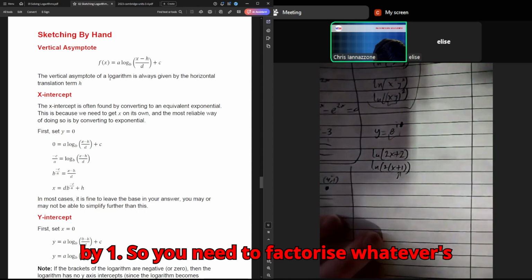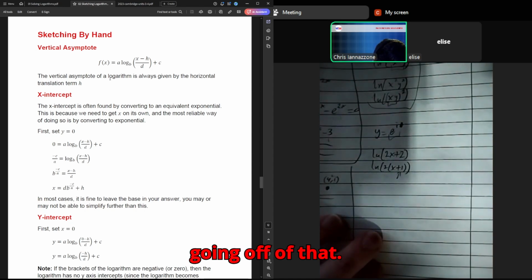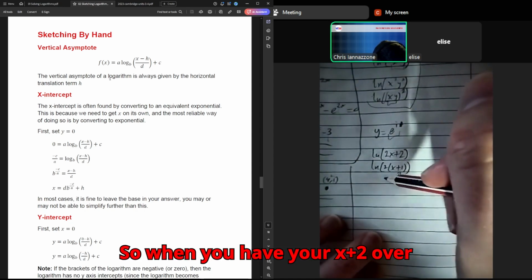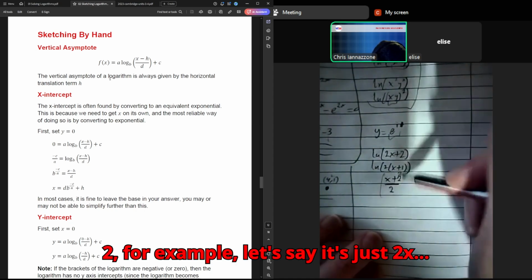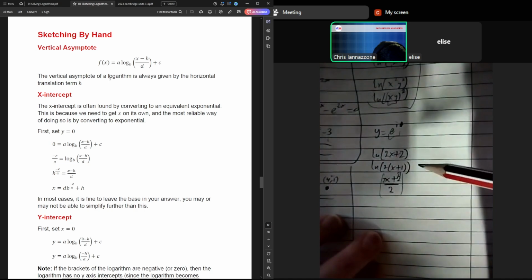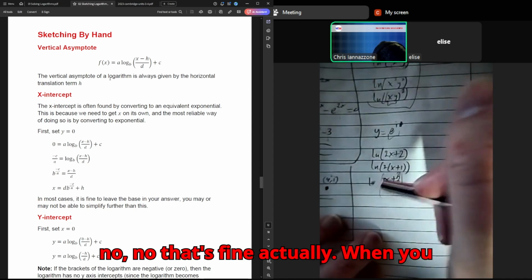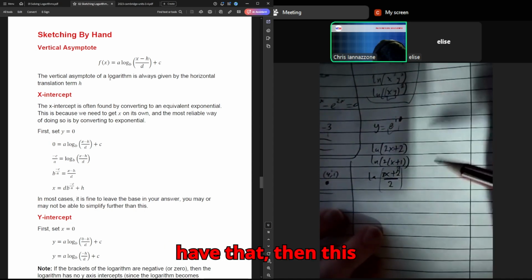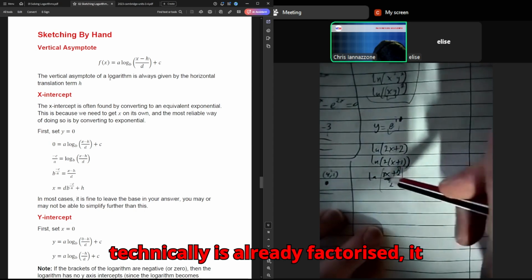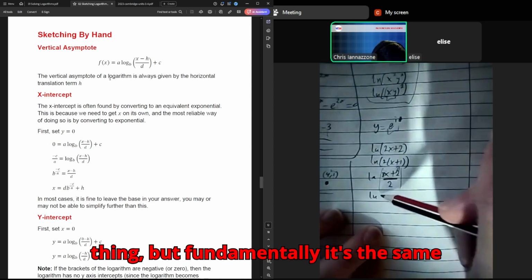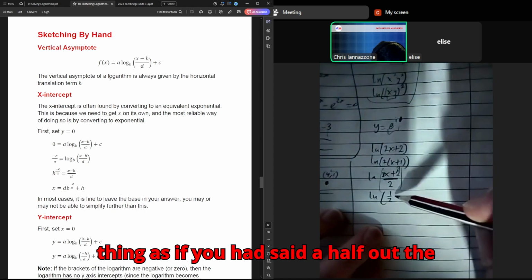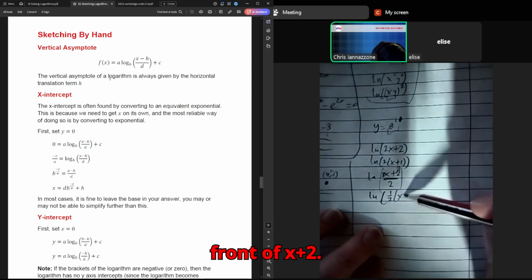So you need to factorize whatever's going off of that. So when you have x plus 2 over 2, for example, let's say it's just 2x. No, that's fine actually. When you have that, then this technically is already factorized. It just looks like it's all over the same thing. But fundamentally, it's the same thing as if you had said a half out the front of x plus 2.